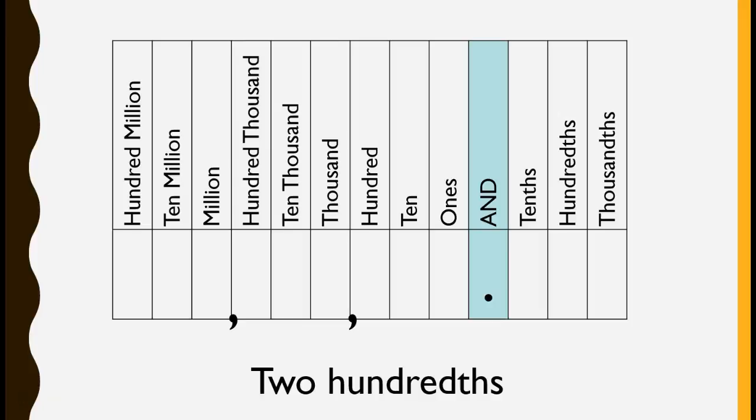This one says 2/100. So what does that look like? Well, somehow put a circle or something around your place value that they show you, because we're going to look at that last. Now we're going to look at the number that they're giving us. It's 2 again, but this time we have to put that 2 in the hundredths place.